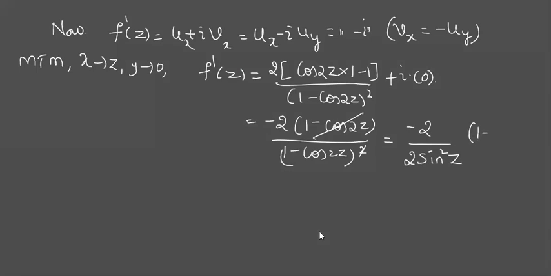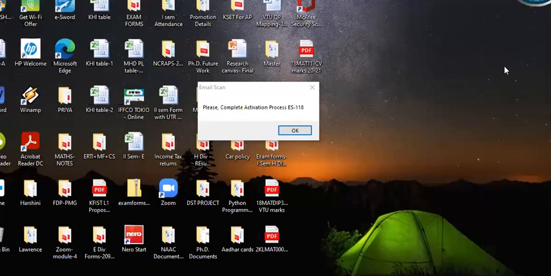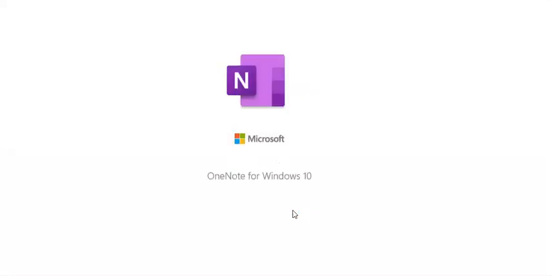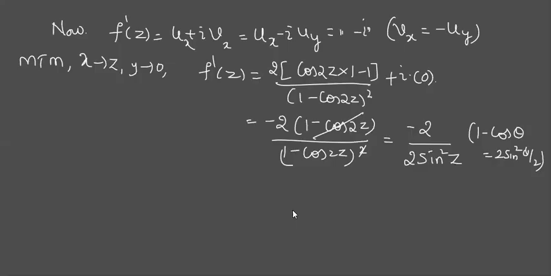What I'm using: 1 minus cos theta is 2 sine square theta by 2, or you can say 1 minus cos 2 theta is 2 sine square theta. Okay, now 2 can be cancelled. What is 1 upon sine? Cosec. So here this is minus cosec square z, correct?